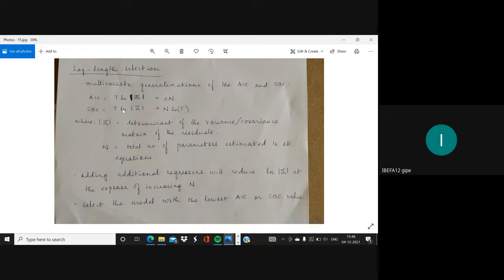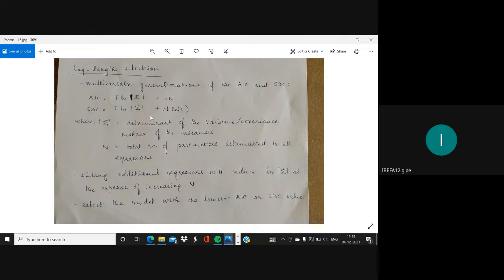Okay, so here, similar to what we learned while learning ARIMA models, you'll find that the AIC is made up of these two components. Whenever you add too many lags of a particular variable, if you're increasing the number of lagged values, then since you've added more regressors or explanatory variables, it's very likely that your residual sum of squares is going to decrease, or this term, the ln determinant of the variance covariance matrix, is going to reduce in value.